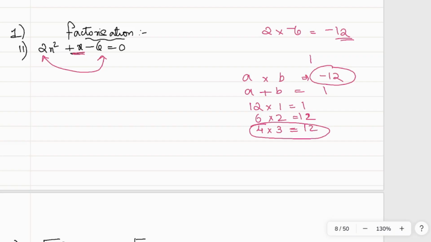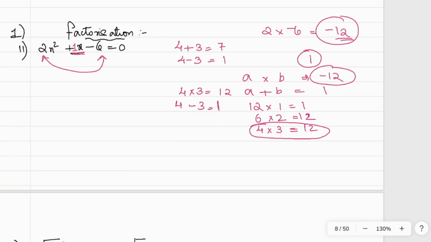From the sequence, if you check here, you can see 4 and 3. 4 plus 3 gives 7. If I subtract, 4 minus 3, I get 1. So this will match with the one over here, right? So 4 and 3 are the numbers I have to take. 4 into 3 equal to 12, but I should get minus 12, and 4 minus 3 will give me 1.